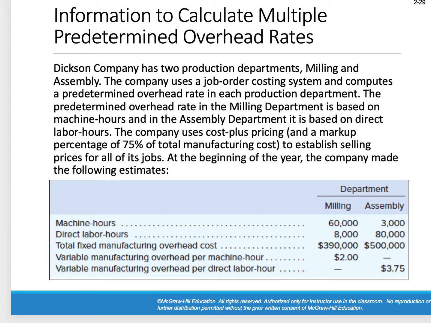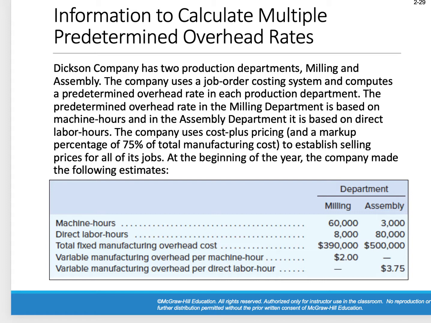And here's why. If you think back, whenever we're picking our cost driver, whatever cost driver we choose has to be based on what is driving those costs in that manufacturing overhead.